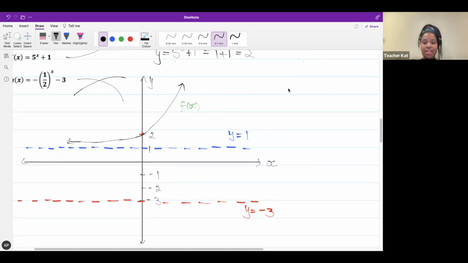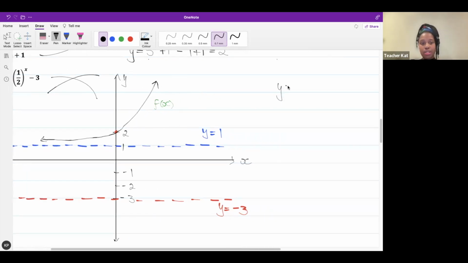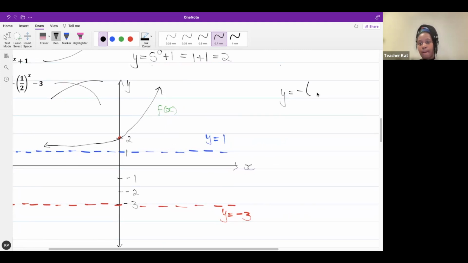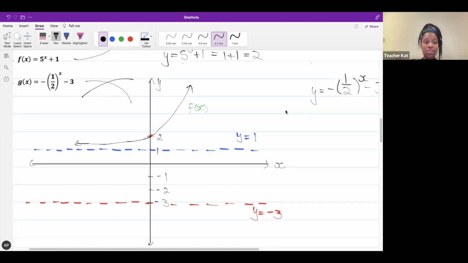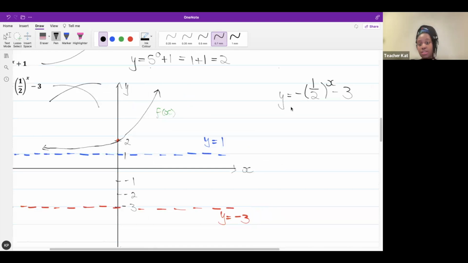Okay, let's look for my intercept. Y is equal to... So in this case, we make x 0 minus 3. That means it's going to be -1 minus 3. Remember, the negative is outside the bracket.